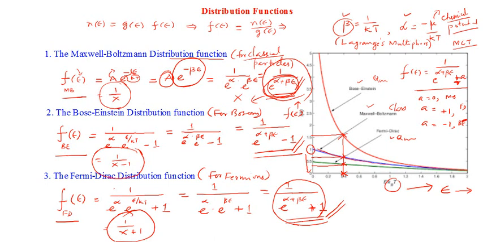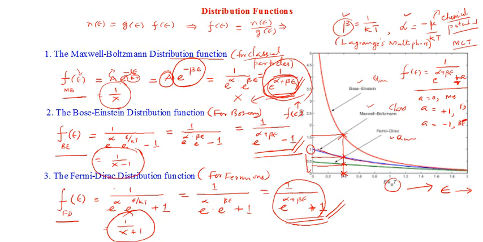Here x is equal to e raised to alpha plus beta E, for the same value of E. So 1 by x minus 1 will be greater than 1 by x, which will be greater than 1 by x plus 1.